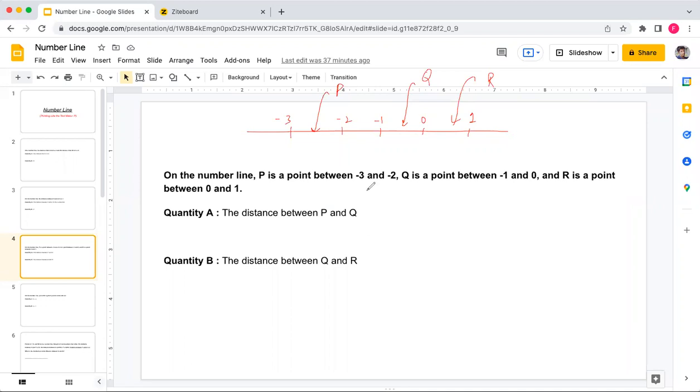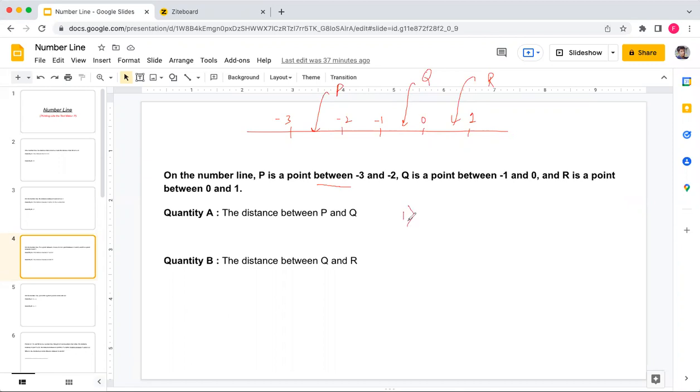First of all, P is between -3 and -2, so we cannot include -3 or -2 for P. Listen, we cannot consider the extreme values -1, 0, 1 for any of these because it says between. The next thing is, let's see several scenarios.